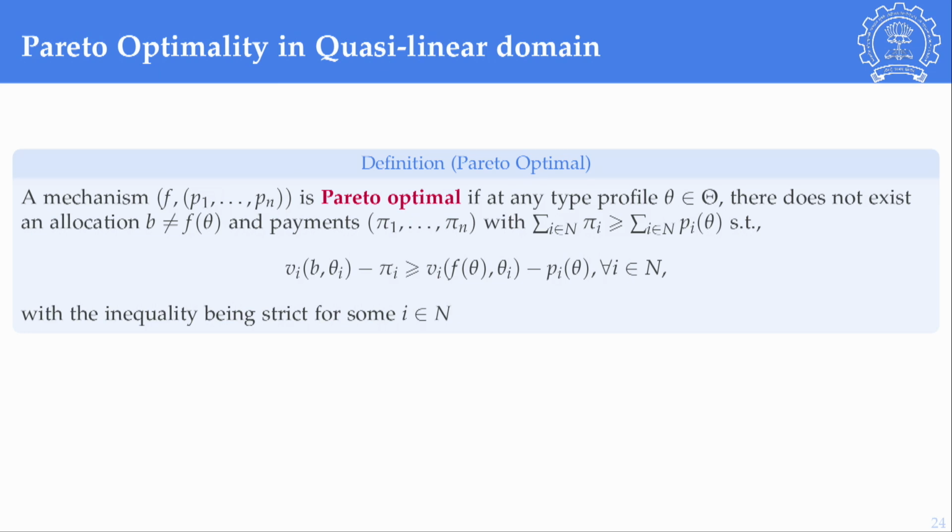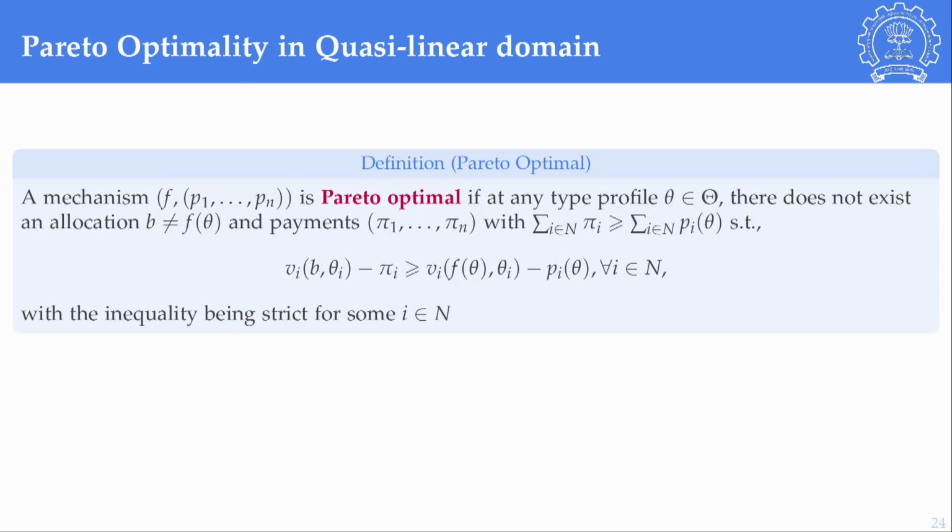So that was a hint how you can actually violate this condition if I do not put any restriction on this pi i's. You can have the same allocation, so b is same as f, and then pi is equal to minus of pi. Very good. So everybody sees this point, you can subsidize.